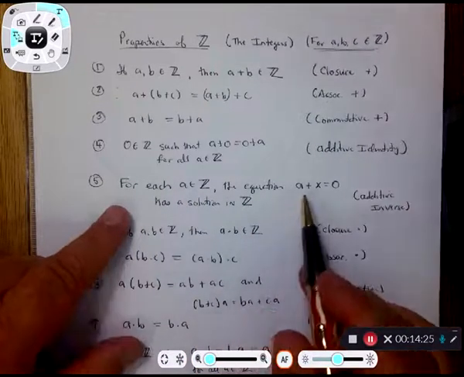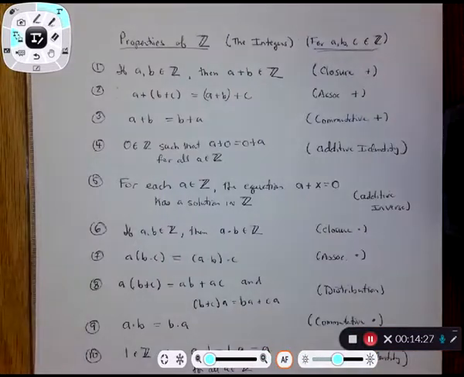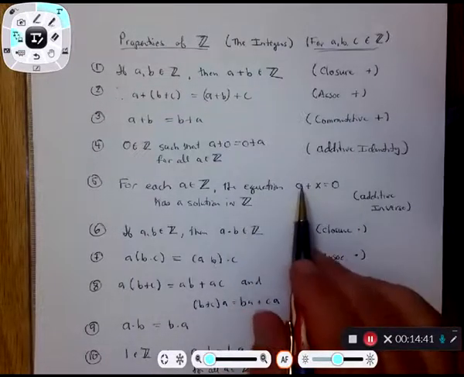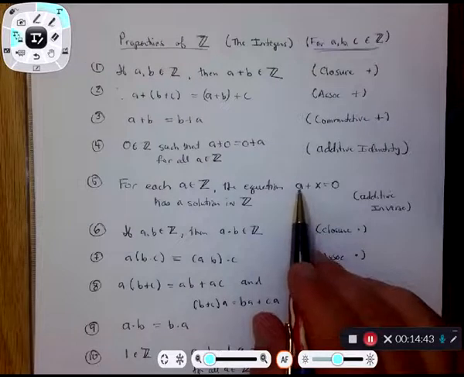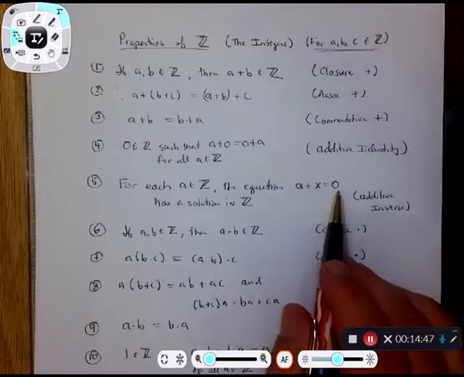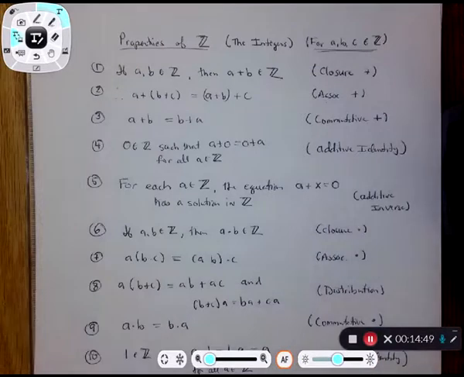To solve for X, you would subtract A. But we're working off these interesting rings that we're trying to develop, and now the latest one is Z mod N. I didn't see any negatives around Z mod N, so that's going to be a problem. But that's why Dr. Hungerford writes the equation A plus X equals 0. So when you solve it, it's negative A. That's your additive inverse. If A is in your set, negative A better be inside your set.